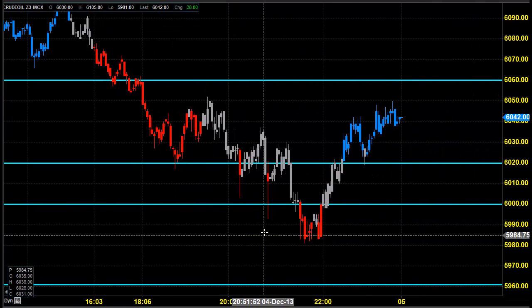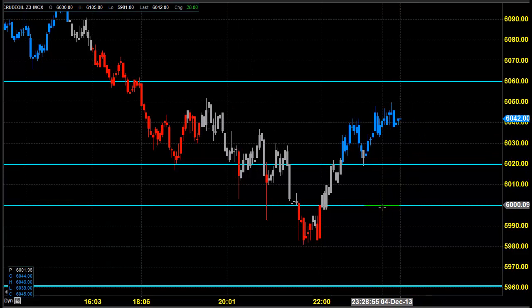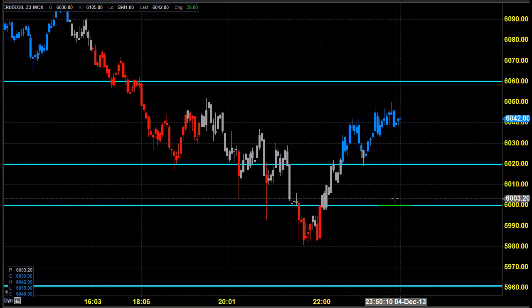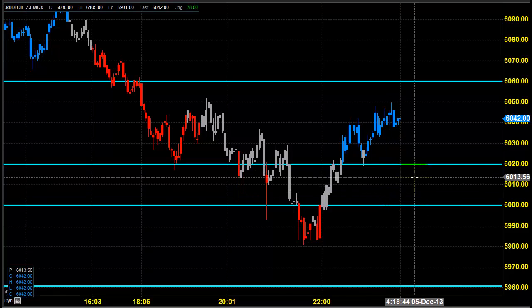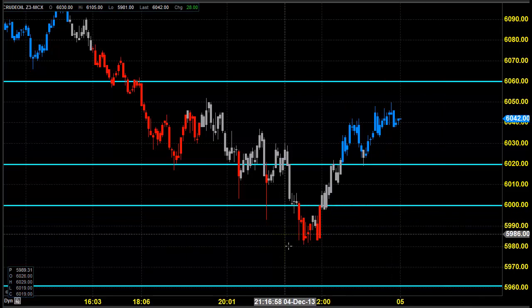Then what should the market satisfy in order to reach that goal? This 6000 and 6020 should act as a very strong support. If there is real buying, the traders will not allow the price to fall below the 6000 zone. That is what happened in yesterday's market.